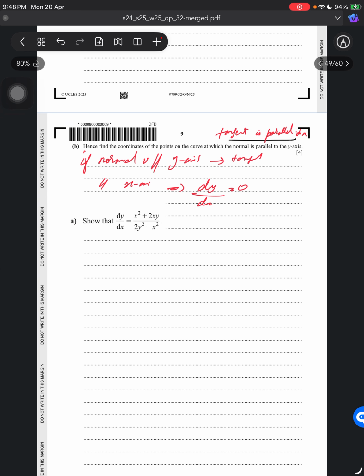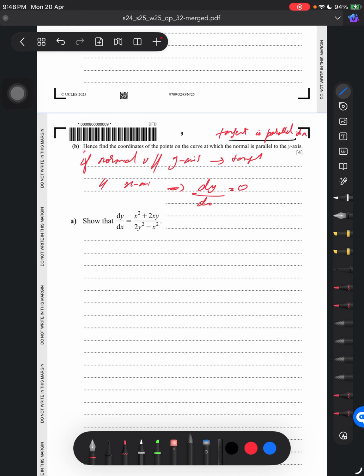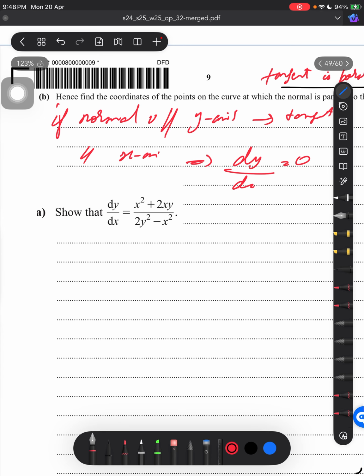So this becomes equals to 0. So we would just have x squared plus 2xy equals to 0.